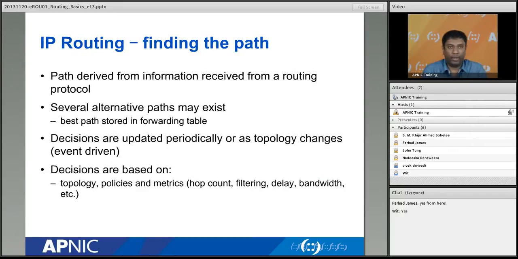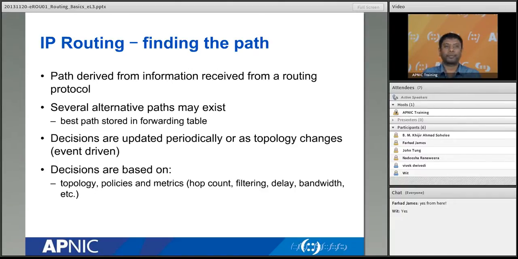So, IP routing: finding the path. How do routers normally find the path? Those interconnected routers run a protocol, which we normally call a routing protocol. By running a routing protocol, all those interconnected routers exchange topology information.